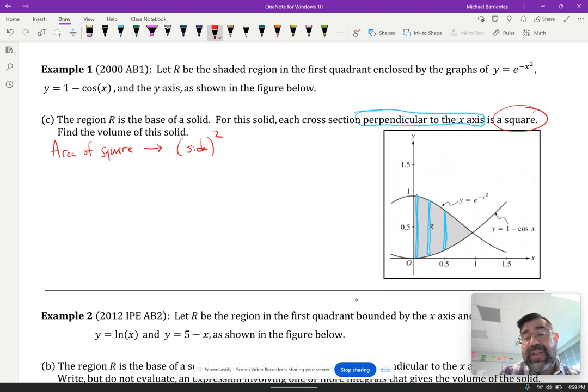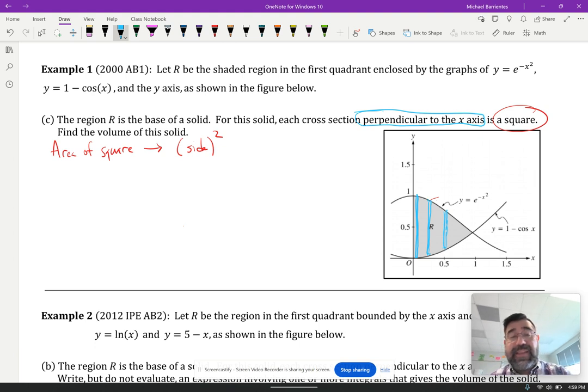The square is actually going up. I know that's not a very good drawing, but it's jutting up out of the page. If that's the case, that means this blue length is the side of a square. So whatever this length is, that's the side of the square.